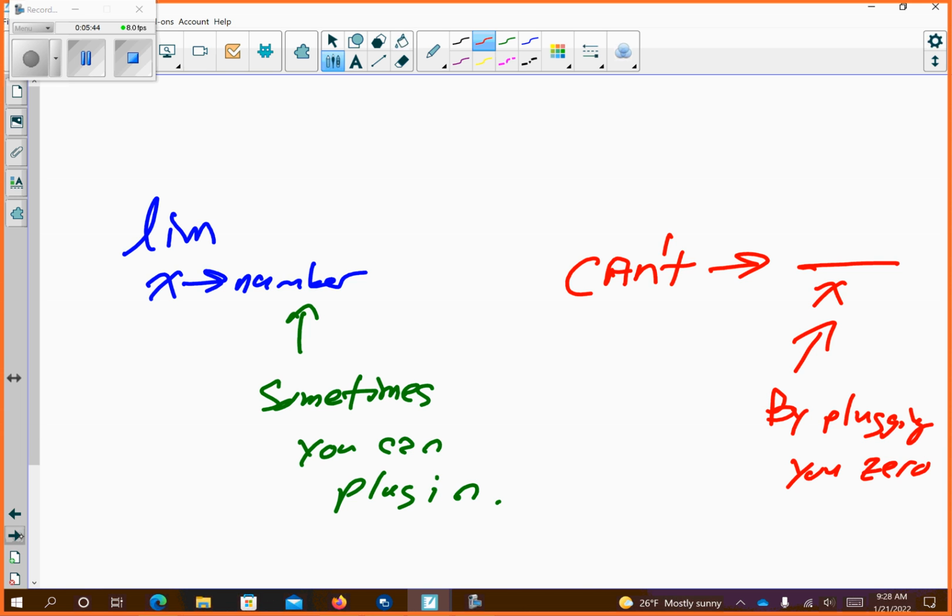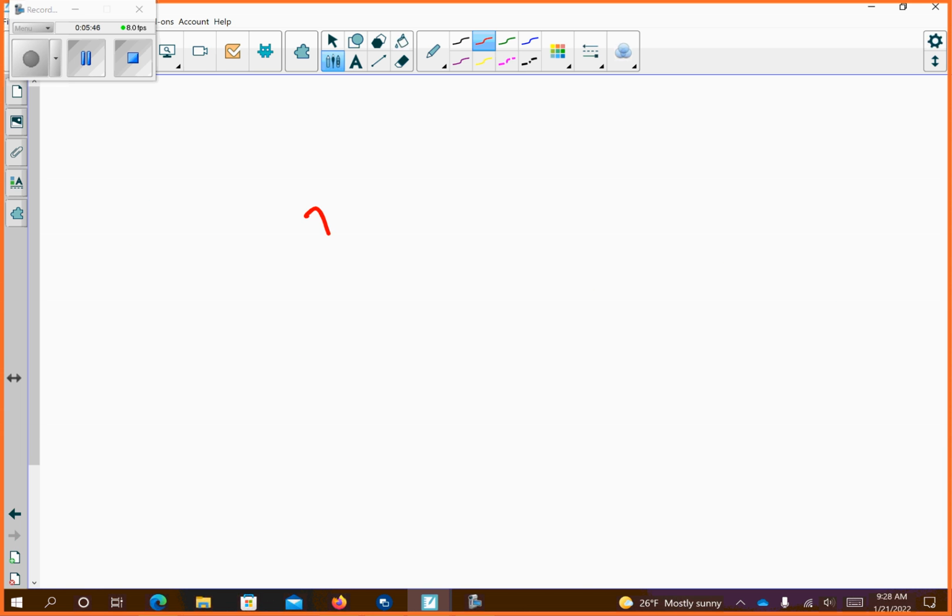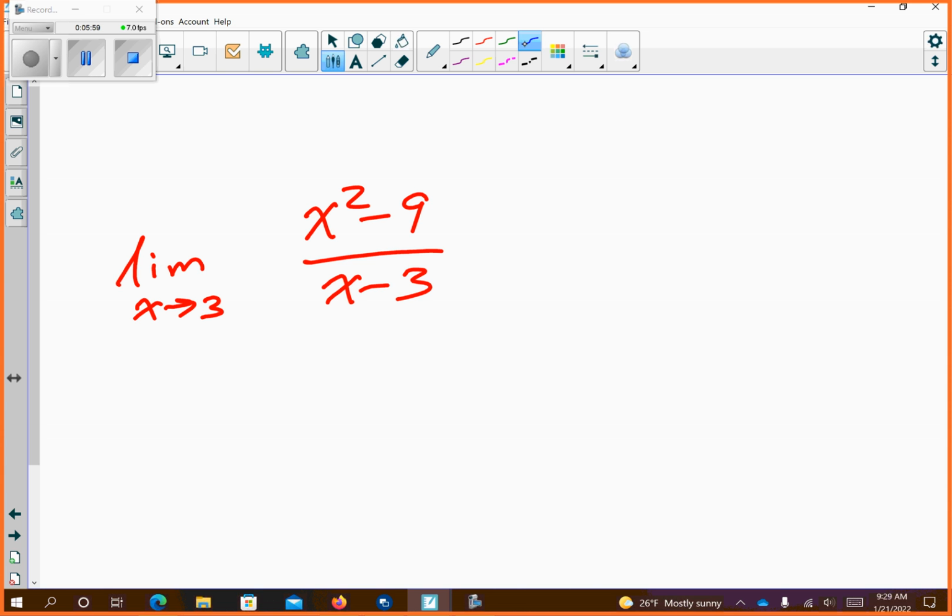But I hope you remember that if you had something like x squared minus 9 over x minus 3, this limit is coming from both sides. If we plug 3 in right now, the bottom becomes 0.